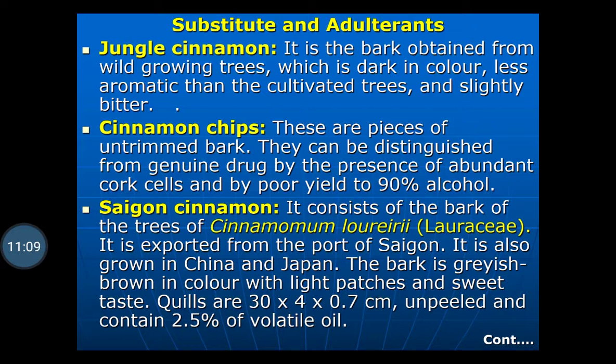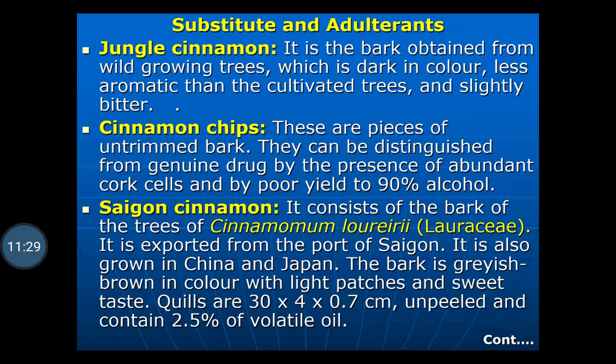Then Saigon cinnamon consists of the bark of the tree Cinnamomum loureiroi belonging to family Lauraceae. It is exported from the port of Saigon. It is also grown in China and Japan.